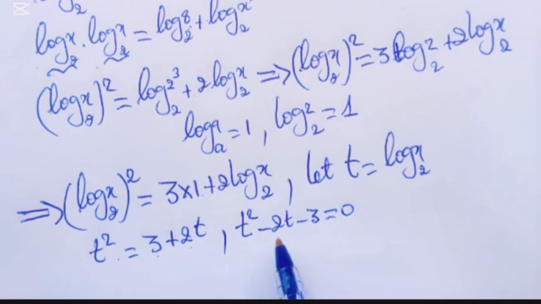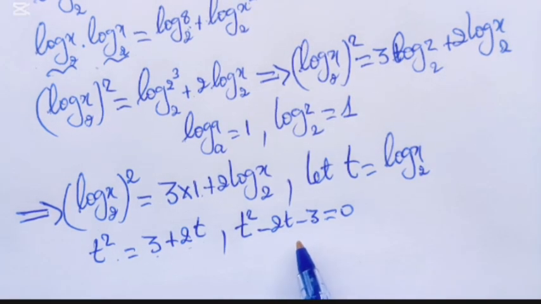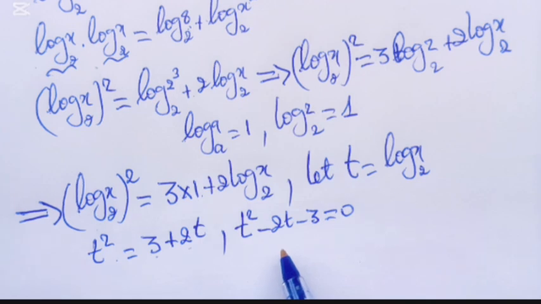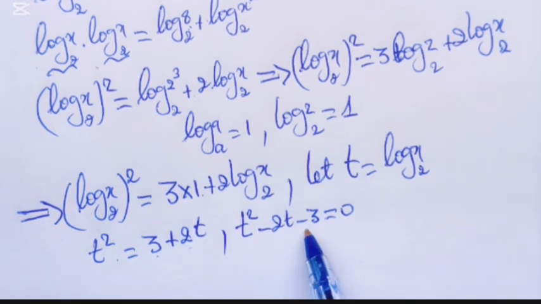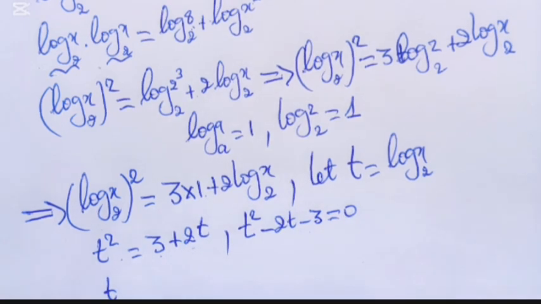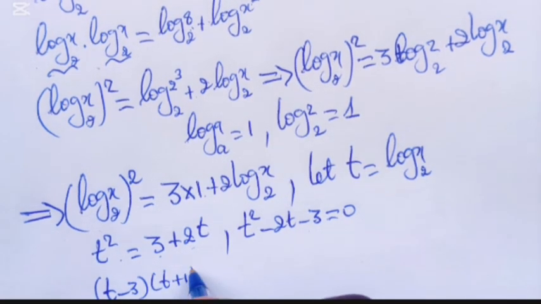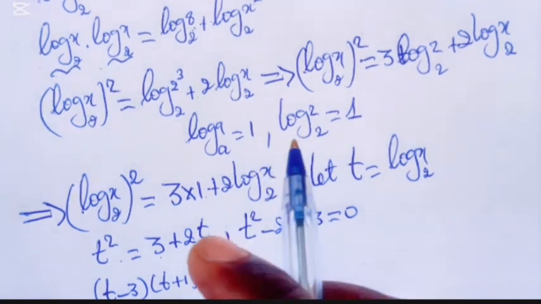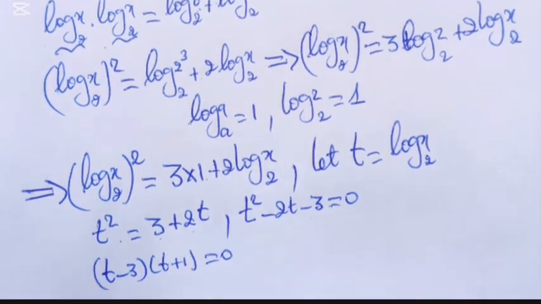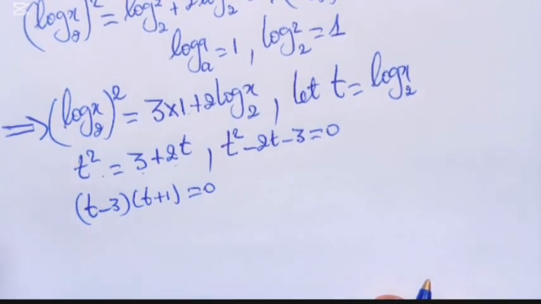We can solve this quadratic equation by the quadratic formula, by completing the squares, and by factorization. Factorizing this, we have t minus 3 times t plus 1, and this is 0. When the product of two factors is 0, at least one of them is 0.